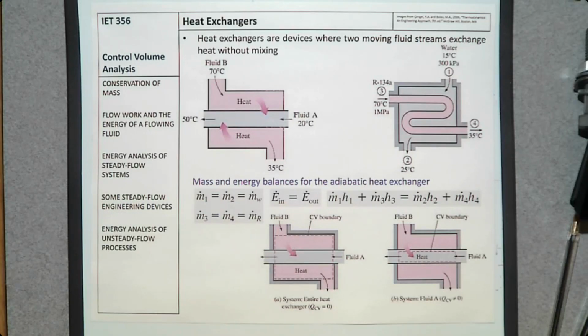There's a coolant flowing through inside and air is flowing outside. We don't want them to be mixed, but we want to exchange heat. So coolant loses heat to the air, but without mixing. That is a heat exchanger. The heat exchanger is everywhere in our life.